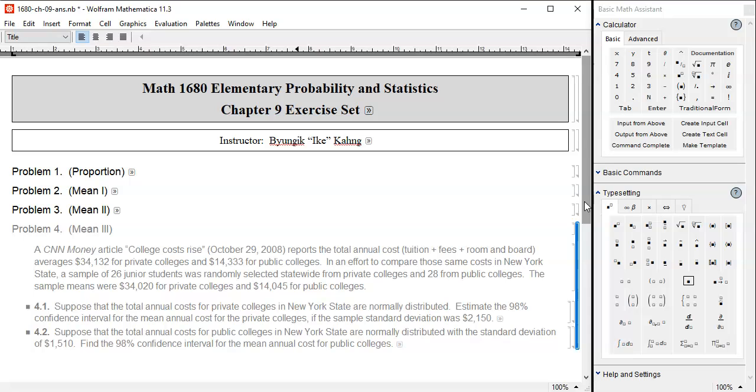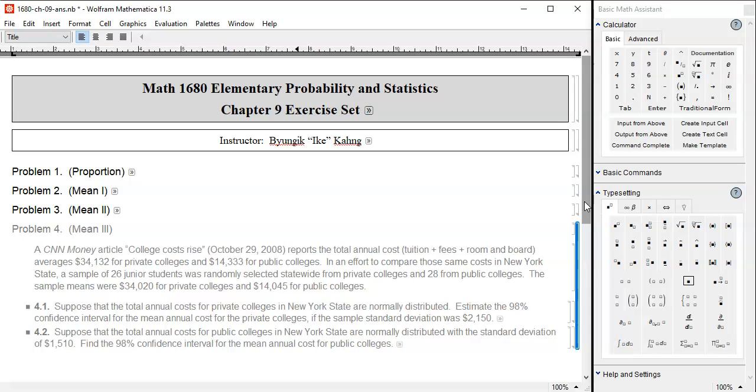In an effort to compare those same costs in New York State, a sample of 26 junior students were randomly selected statewide from private colleges and 28 from public colleges. The sample means were 34,020 for private colleges and 14,045 for public colleges. A little bit old data, but it came from the textbook, which is relatively old, copied from even older textbooks.